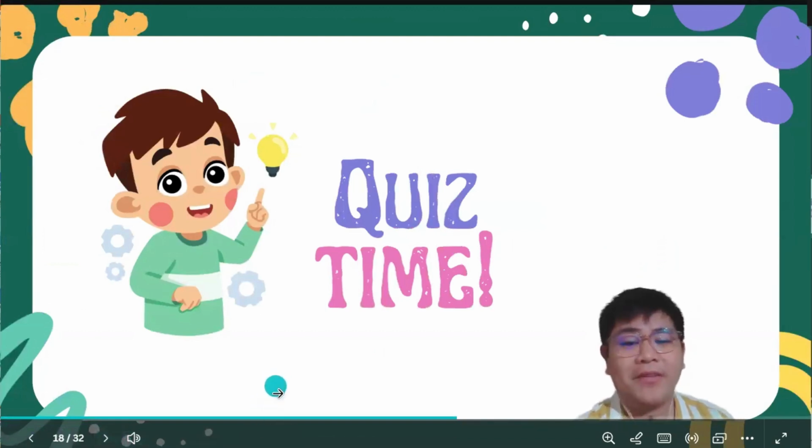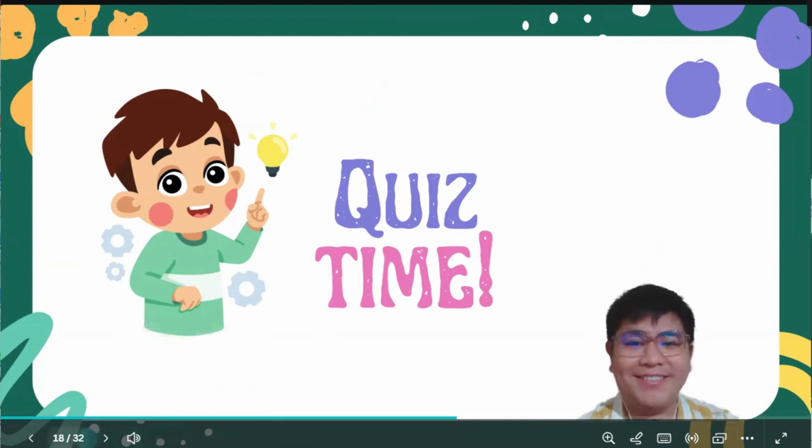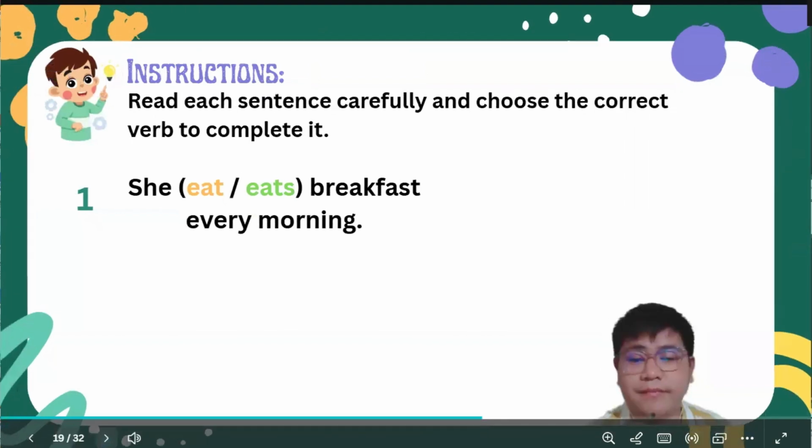Now, let's apply what you have learned in this lesson. Here's our instructions. Read each sentence carefully and choose the correct verb to complete it. Number 1. She eats breakfast every morning.